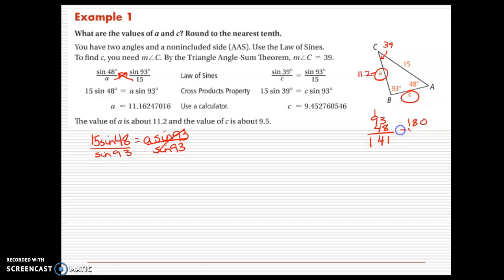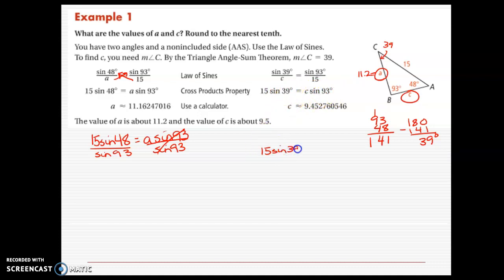Then 180 minus 141 leaves 39 degrees, because the angles of a triangle add up to 180. So sine of 39, and that's exact, over C equals the sine of 93 over 15. So 15 sine 39 equals C sine of 93.